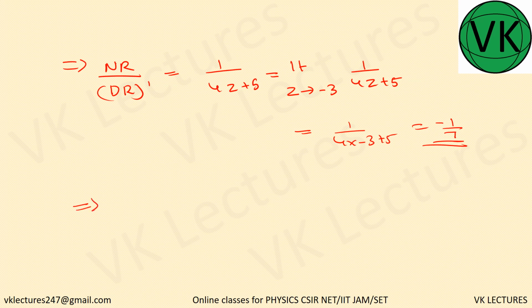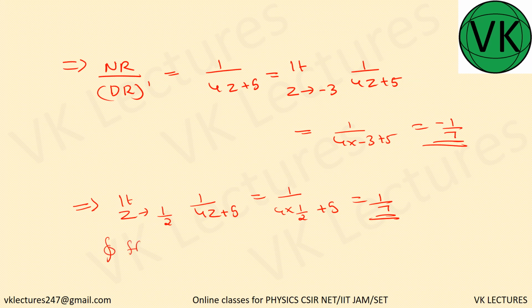And in the next case, limit z tends to 1 by 2, 1 by 4z plus 5 is equal to 1 by 4 into 1 by 2 plus 5, which is equal to 1 by 7. So closed integral f(z) dz totally is summation of residues is equal to 0. Therefore 2πi into 0 is equal to 0.